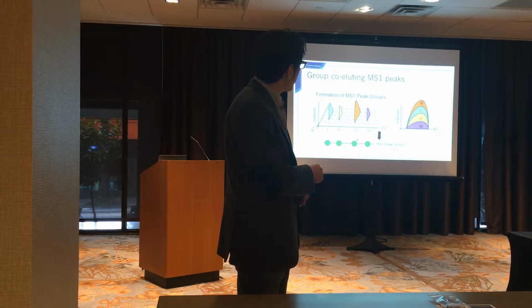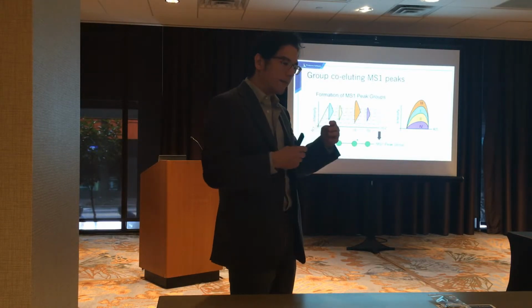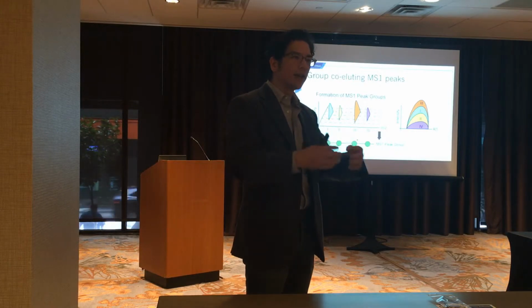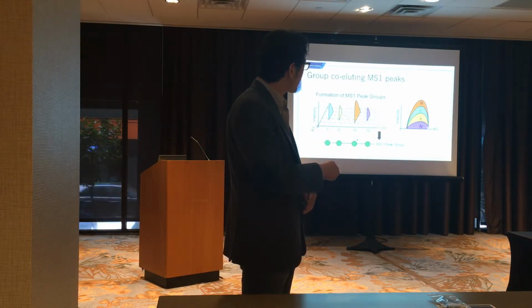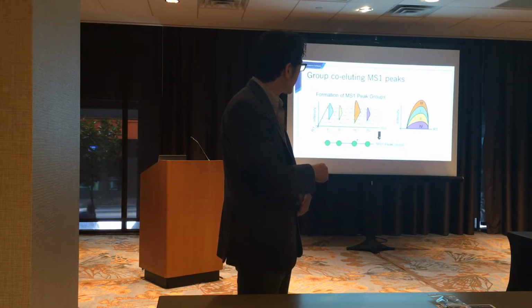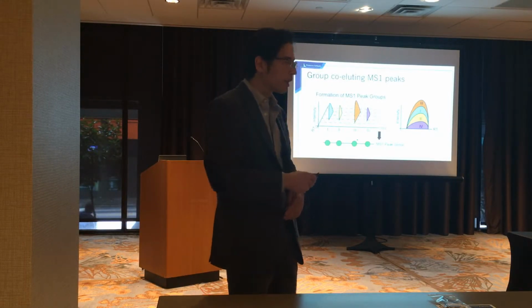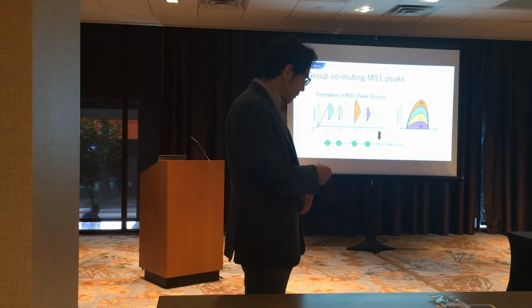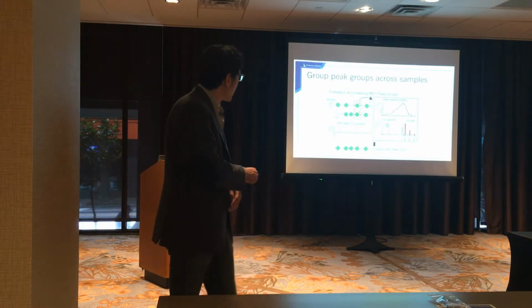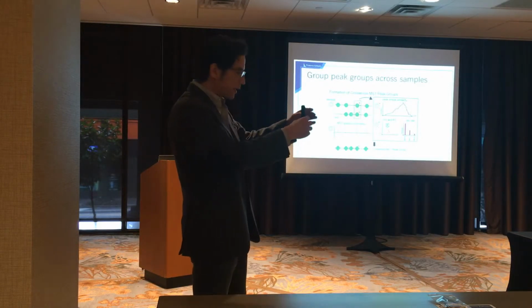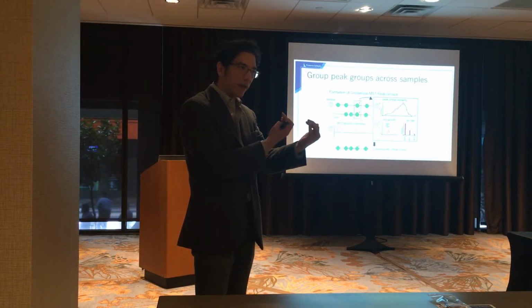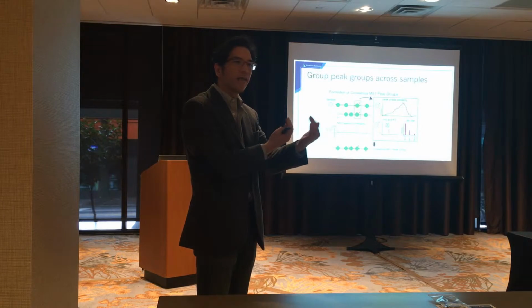The idea here is that we would see co-eluting fragment ions, or co-eluting ions that are in the precursor space. So this is just MS1 space. We see that they have the same peak shape, and then we'll group them into a peak group. We'll take those peak groups across a bunch of different samples. So we'll have a sample 1 and a sample 2, and we'll see that these samples have, in these different peak groups, very similar ions at about the same retention time.